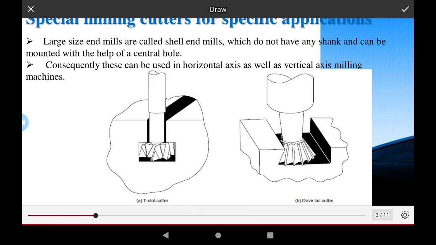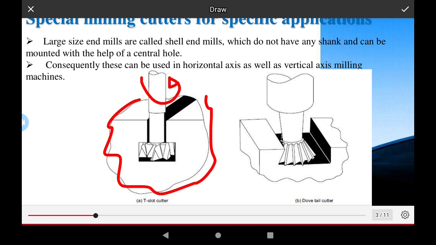This is the shank, this is the step diameter, assumed to be capital D, and this is the smaller diameter, small d. This is the workpiece, and the tool rotates very fast in circular or rotary motion.